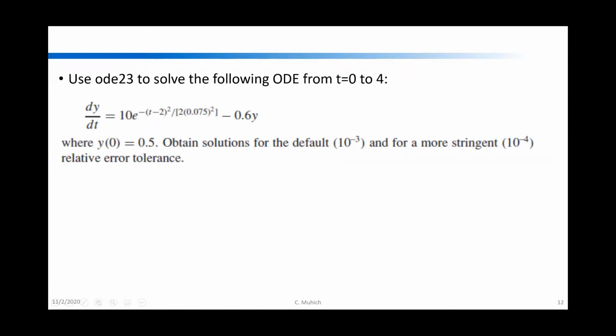This function is chosen because it has quite a large change in the steepness of the function as it goes. This is going to help us understand how changing the tolerance will change how this function looks. So I'm going to see you back in MATLAB in just a second.